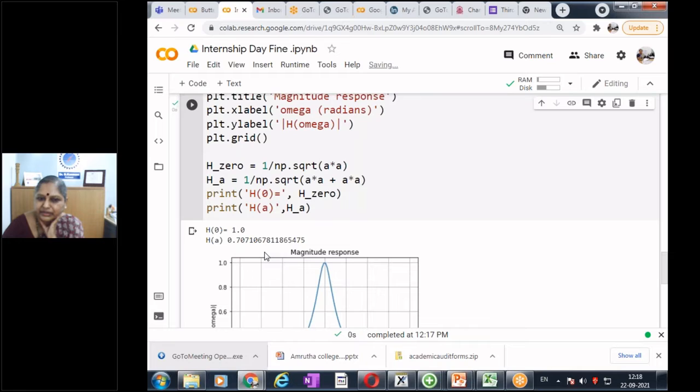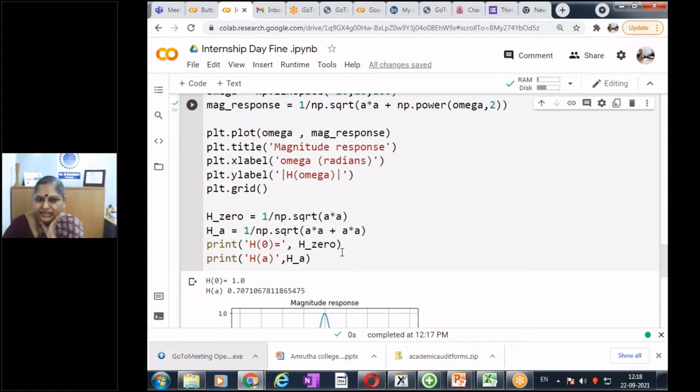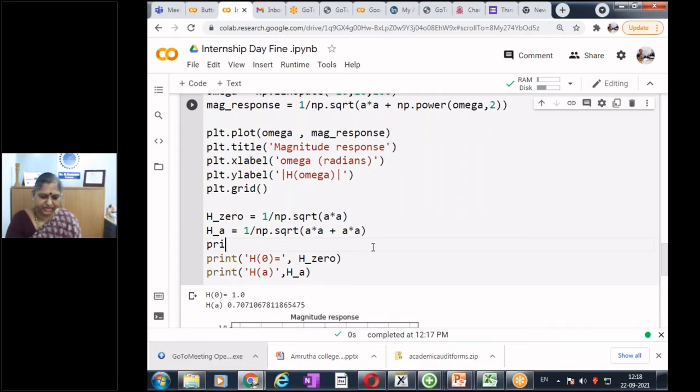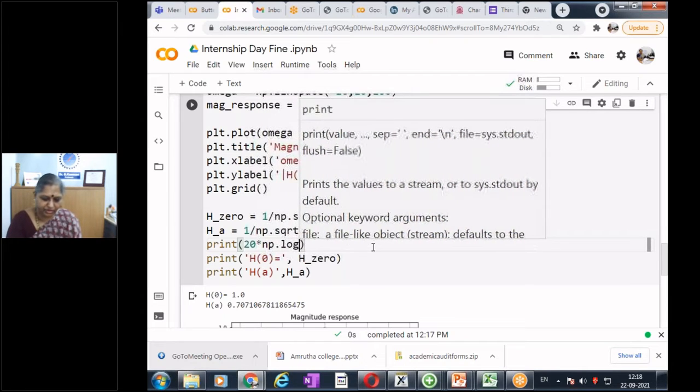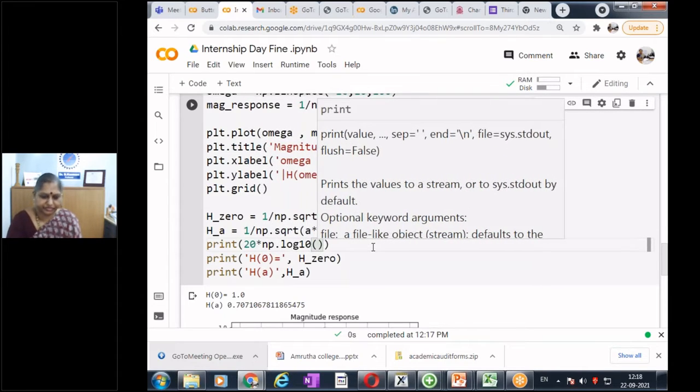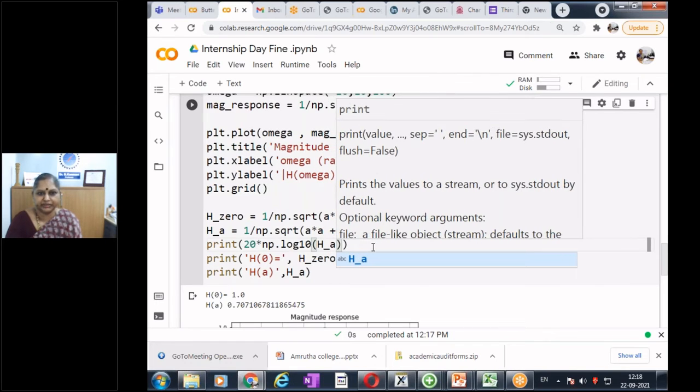Did you get it? 0.707. Let us print. So what's your conclusion? Please print one more thing. Let us say print 20 into np.log10 of h of a.